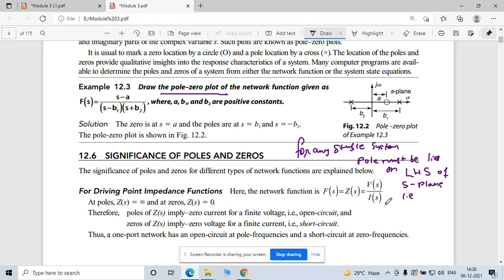That is, the number of poles on the right-hand side must be equal to 0. This condition must be satisfied, right? So here your pole is on the right side of the plane, so this system is definitely not stable. This is an unstable system.